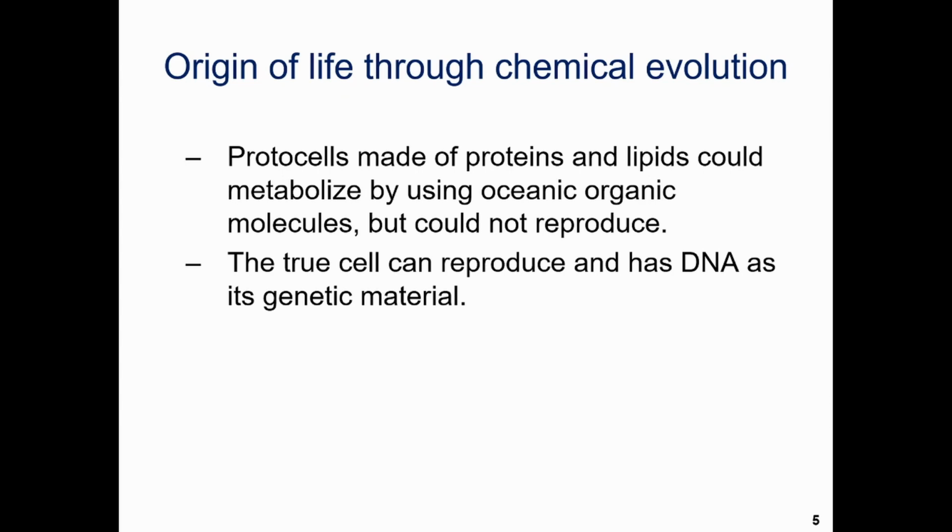Protocells cannot reproduce. So the protocell was the prototype to the cells. It had pretty much all of the mechanisms in place, except it could not make more of itself. Once we have a cell that can replicate, we are now considered a true cell. And that true cell can reproduce and is now using DNA as its own genetic material.